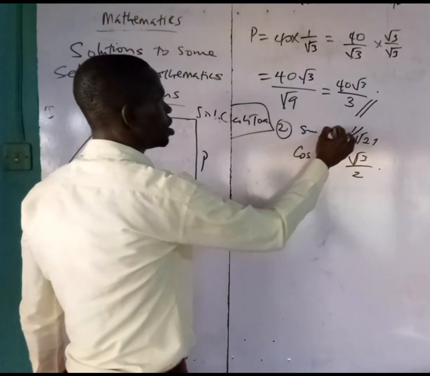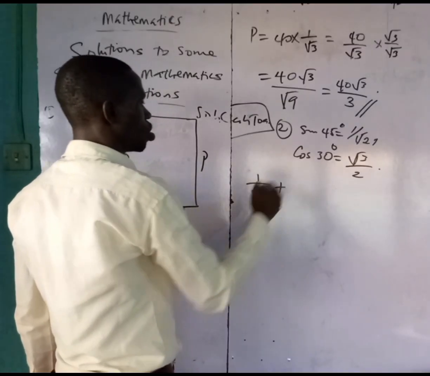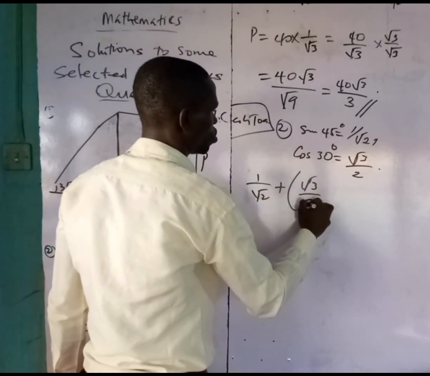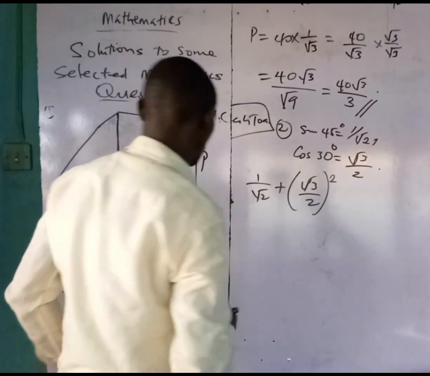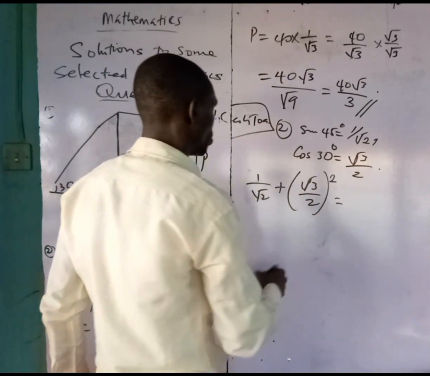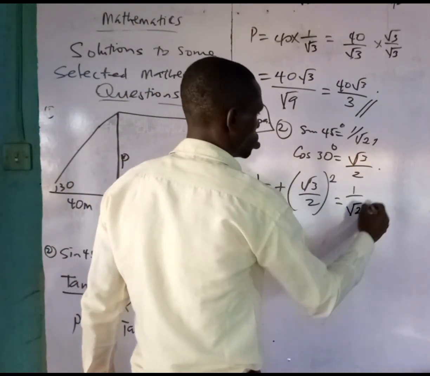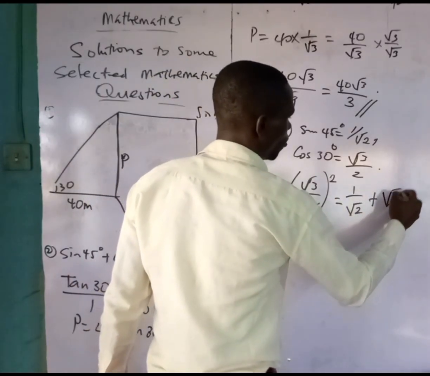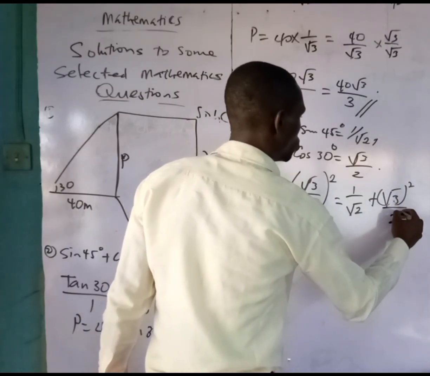Sine 45 degrees is 1 over root 2 plus cos 30 degrees is root 3 over 2, all squared. That's the meaning of the square. So now this will give us 1 over root 2 plus square root of 3 squared over 2 squared.